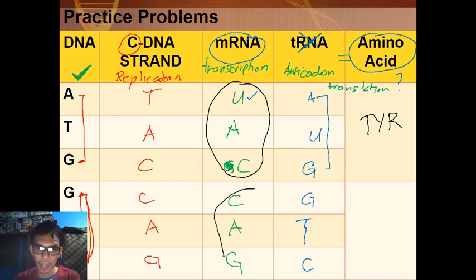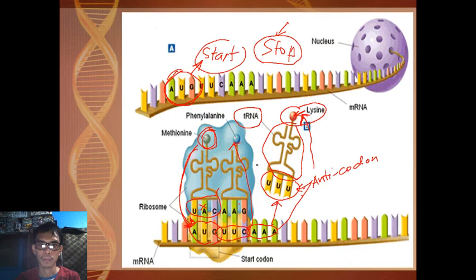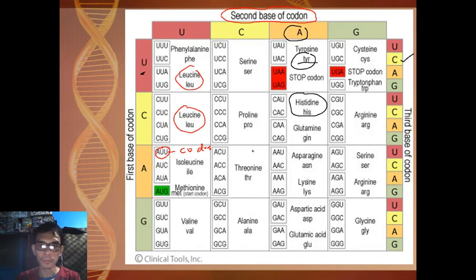Alright, so next one. Let's take a look at the mRNA. Alright, CAG. What's the amino acid equivalent of CAG? So let's take a look. First letter is C. Look at the second letter, A. G. There you go. So we have this one.